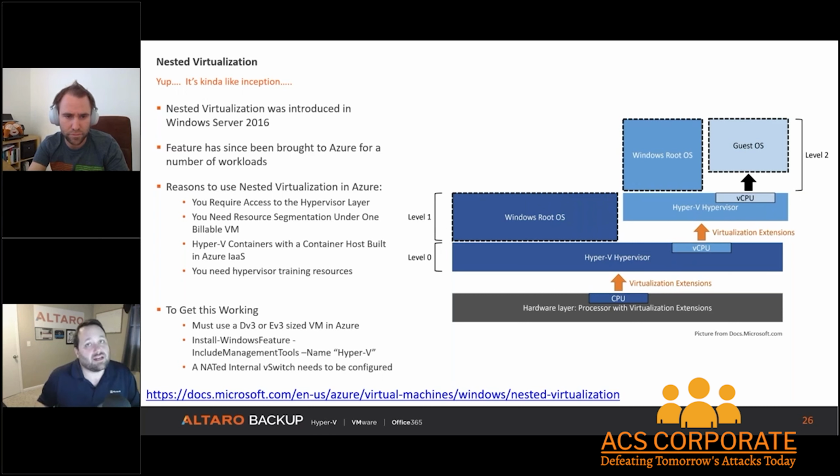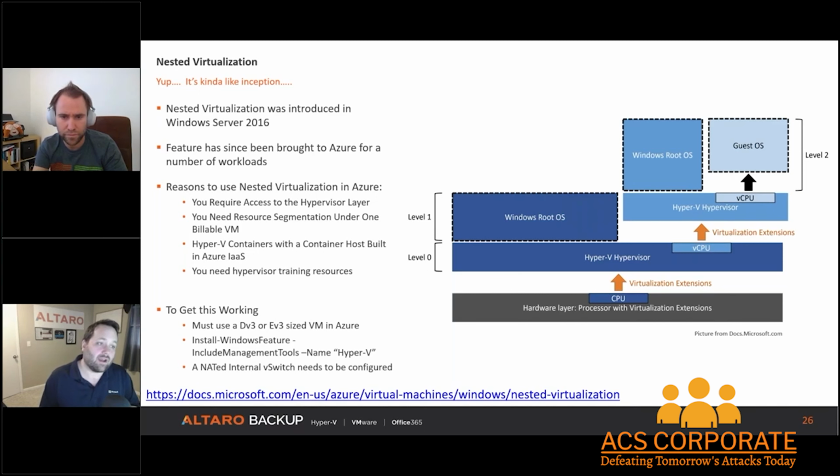If you want to build a container host inside of Azure and not use the PaaS services that Azure has for containers, that's a use case here as well. And the other great thing that I really like about nested virtualization in Azure is, a lot of organizations struggle to find training resources. And by resources in this sense, I mean physical hardware, right?